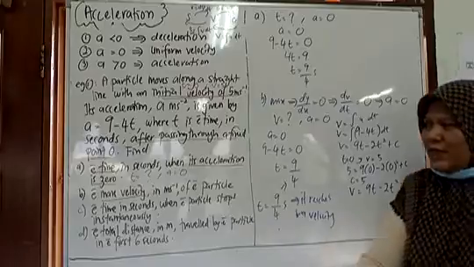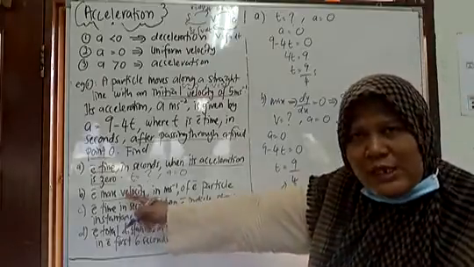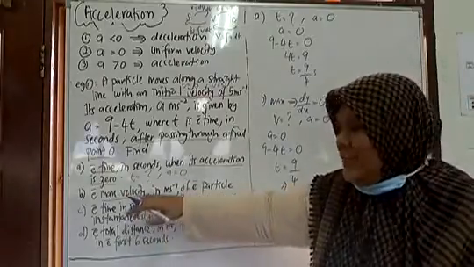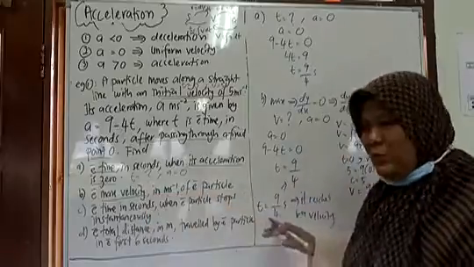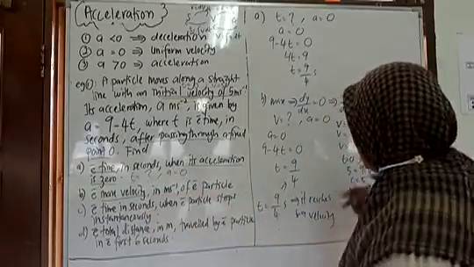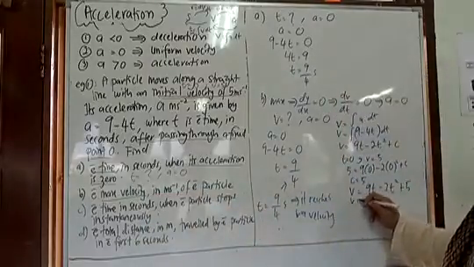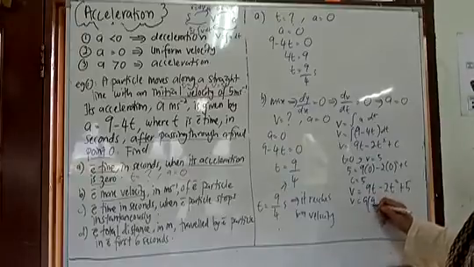But the question asks for maximum velocity. When does maximum velocity occur? When t is equal to 9 over 4. So substitute t equals 9 over 4.